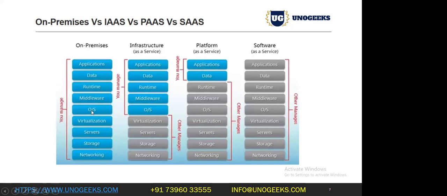Everything can be managed by your organization only: applications, data, runtime, middleware, operating system, virtualization, servers, storage. When it comes to infrastructure as a service, a few of the things can be managed by your organization and a few by the vendor, in our case maybe Oracle.